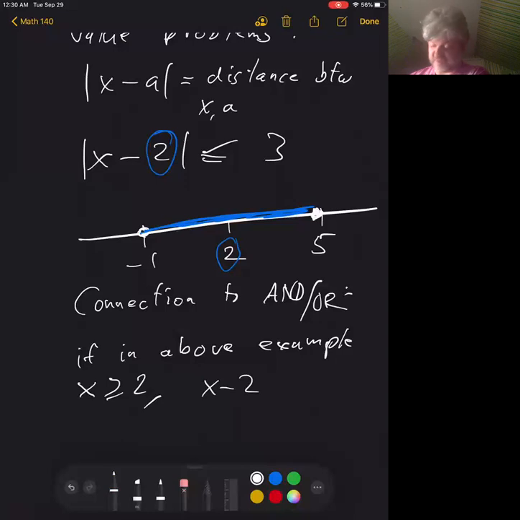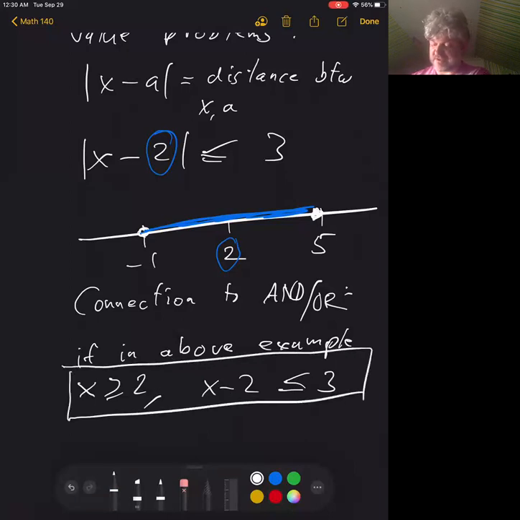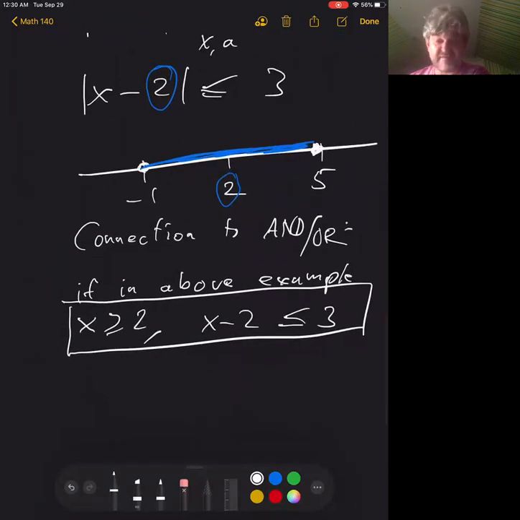And that's supposed to be less or equal to 3. So those two things would have to happen at the same time. It's an and that's invisible.